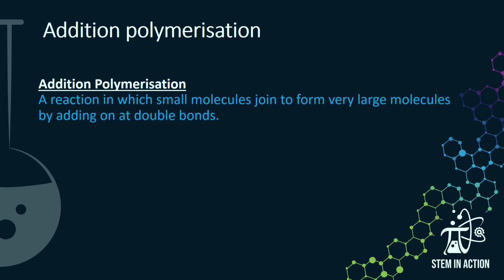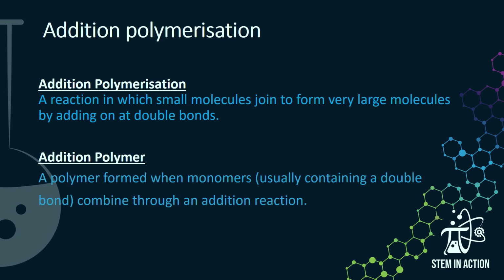Because remember we said that if we have an unsaturated molecule with a double bond, it is possible to add atoms to that double bond. In this case, we are not adding an atom, we're actually adding another molecule, like itself. And that's basically how you get addition polymerization. So an addition polymer becomes a polymer formed when monomers, usually containing a double bond, combine through an addition reaction.